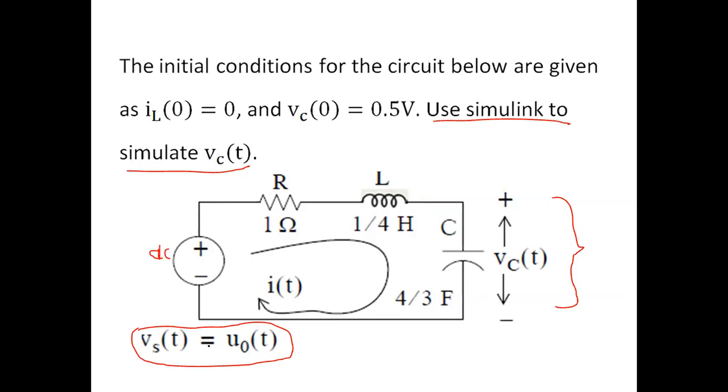The supply voltage Vs(t) will be represented by U0(t). Those are the values: for R, we have 1 ohm; for L, a quarter Henry; for C, we have 4/3 farads. And the question is demanding that we get a simulated output for VC.